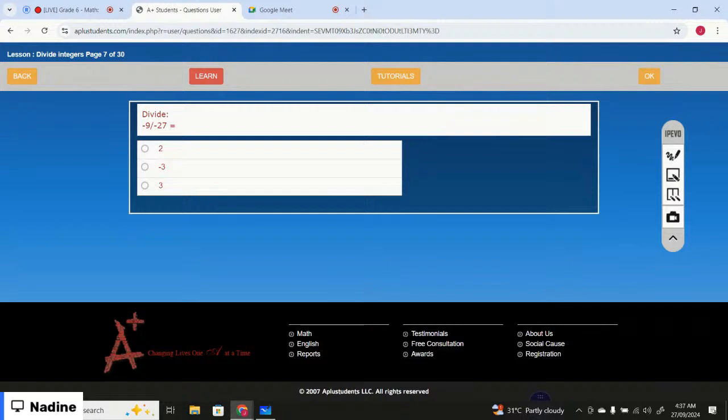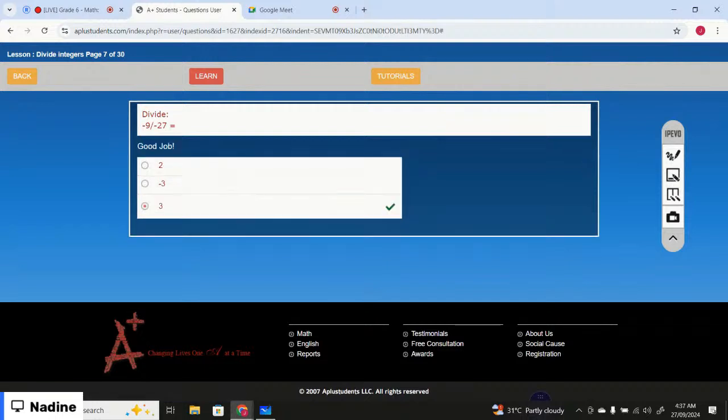Negative 27 divided by negative 9 equals. Option number 3 is the correct option. Negative 9 times 3 is negative 27.